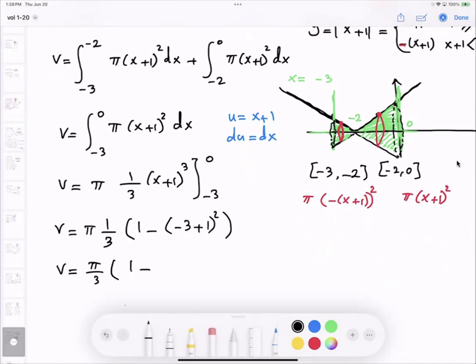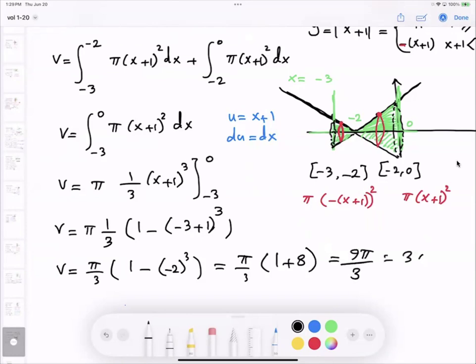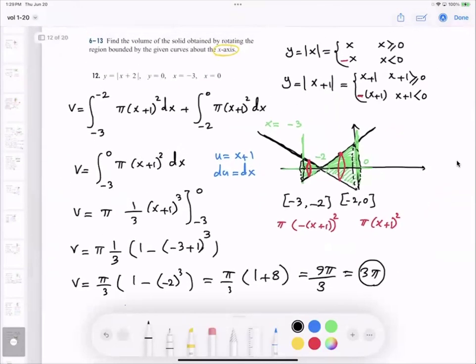I forgot exponent 3. Yep, here we go. Let me fix that. This has exponent 3. Okay, so when you plug in 0, you get 1 back. When you plug in negative 3, you get negative 2 to the power 3 back, which gives you pi over 3 times 1 plus 8, or 9 pi over 3, or 3 pi. That's how we calculate this volume. Make it a little bit smaller so you can see everything.